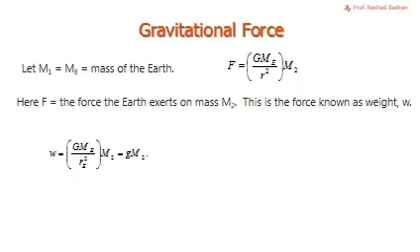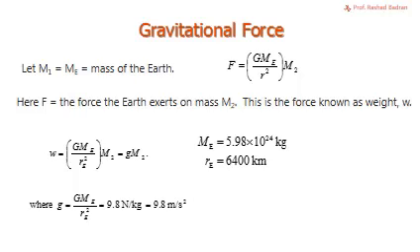These three, G and m sub e and r sub e, are given as constants, which reduce to the value of g, the acceleration due to gravity on the surface of the Earth, and then you get the weight as a product of m2 times g, where the mass of the Earth is 5.98 times 10 to the power 24 kilograms, and its radius is 6,400 kilometers.